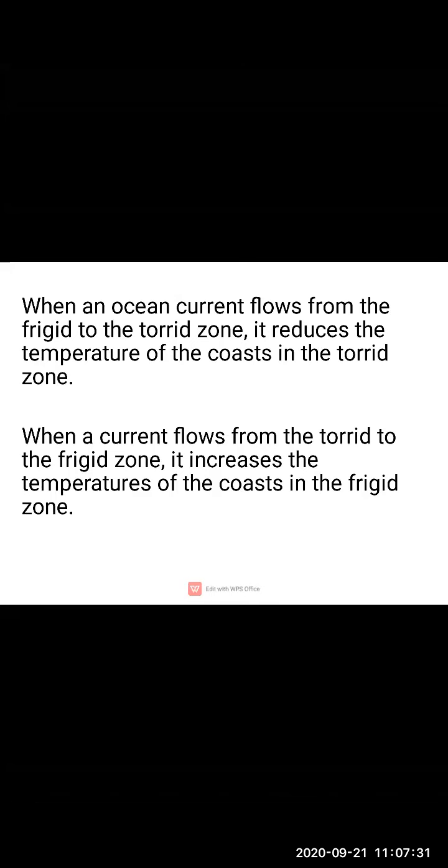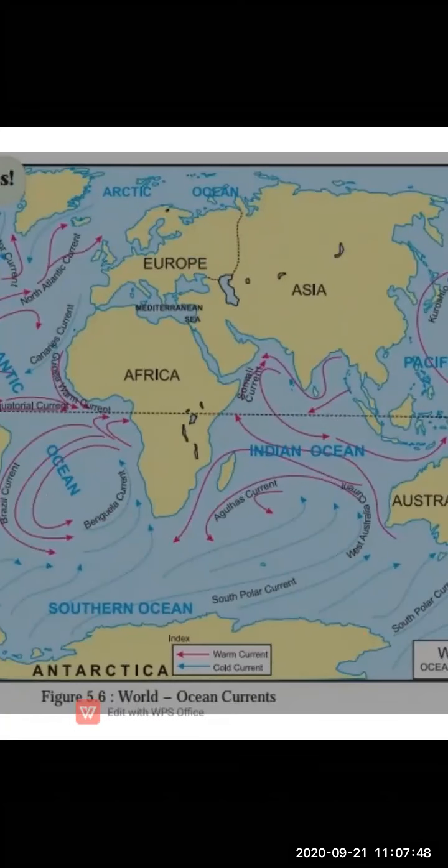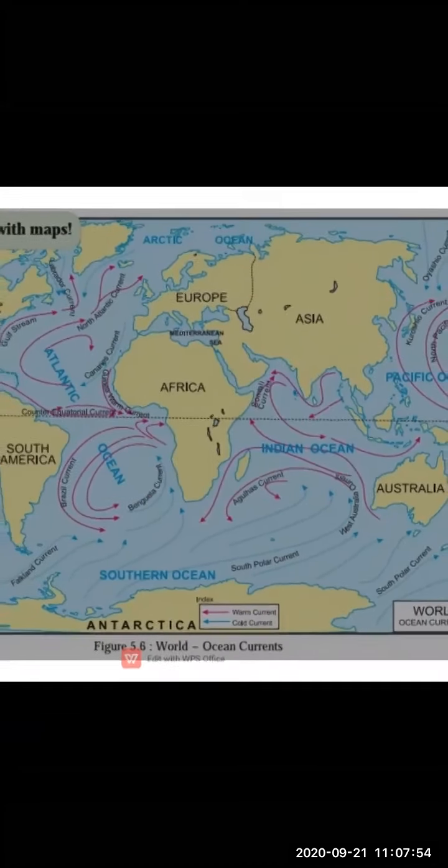Now, moving ahead, in the last lecture I showed you this map. This is the world map, and here are the ocean currents. In pink are the warm ocean currents, and in blue are the cold ocean currents.